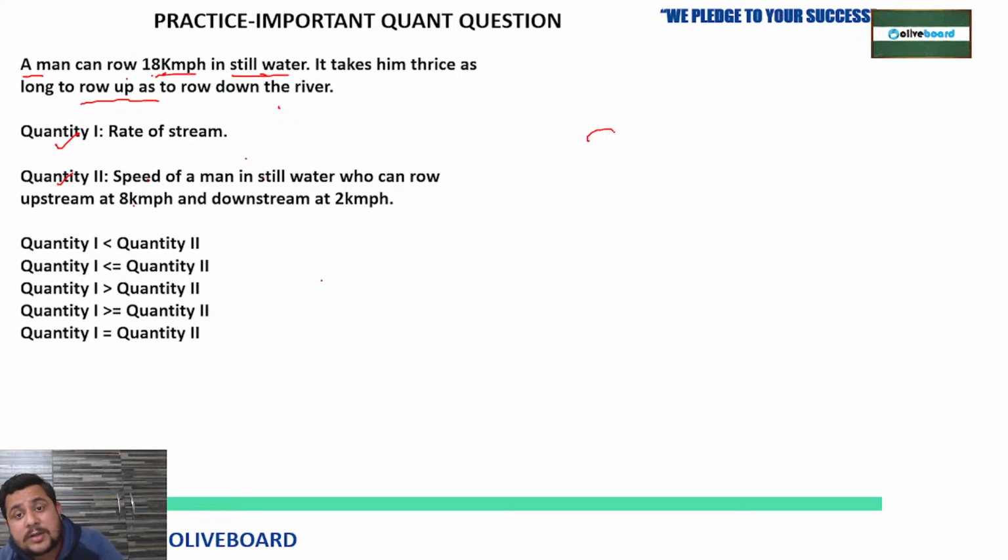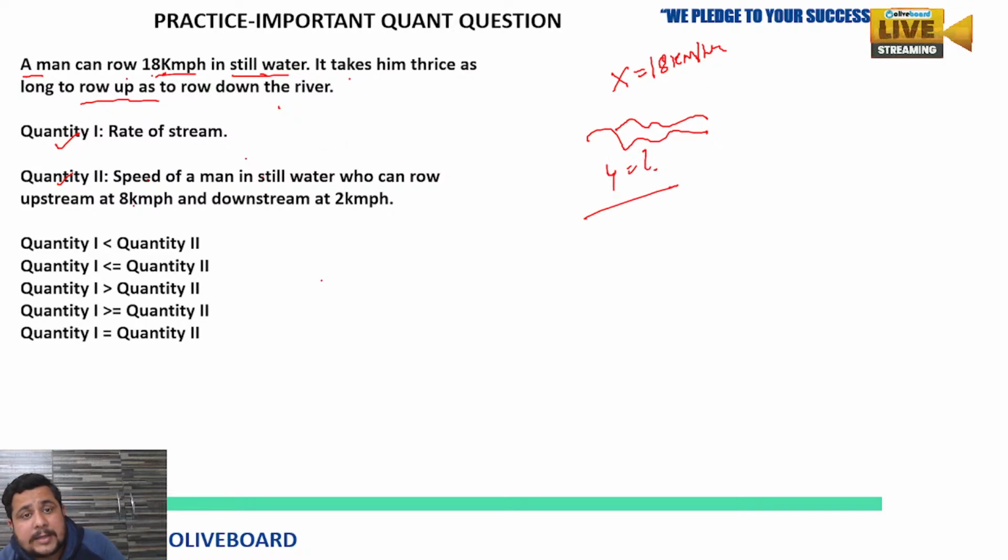Still water means there is no flow of water, the speed of the man alone. So x equal to 18 km per hour. And the stream flow, that is y, is not given. If it takes him thrice as long to row up as to row down in the river, what are they saying?